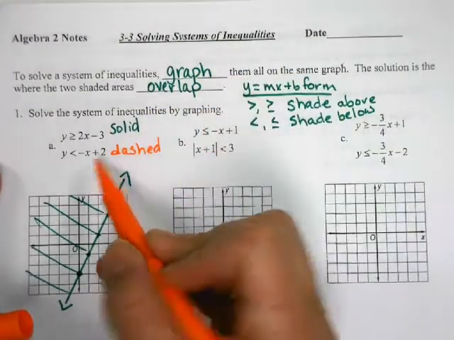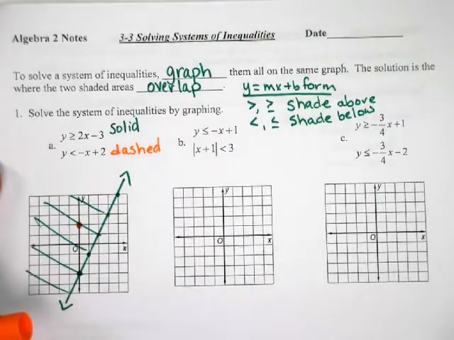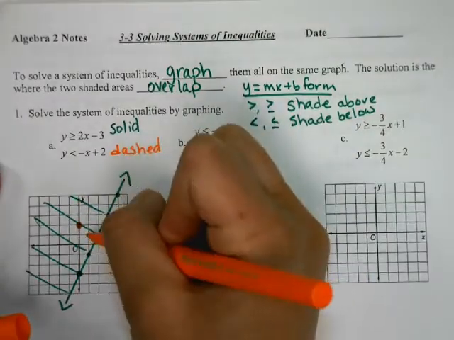So I'm going to start at positive 2 on the y-axis. And my slope is negative 1. So I'm going to go down 1, right 1.